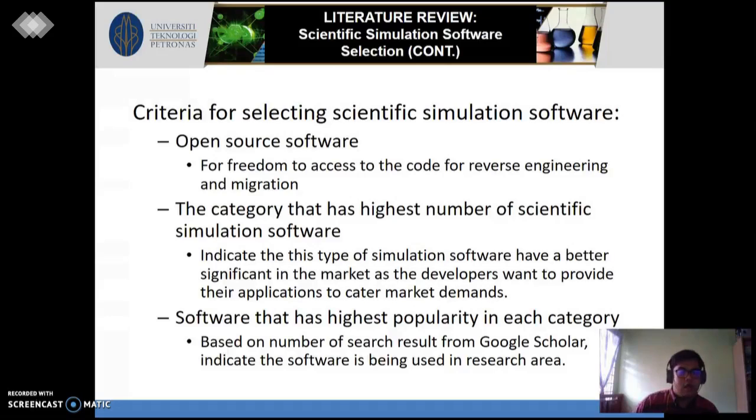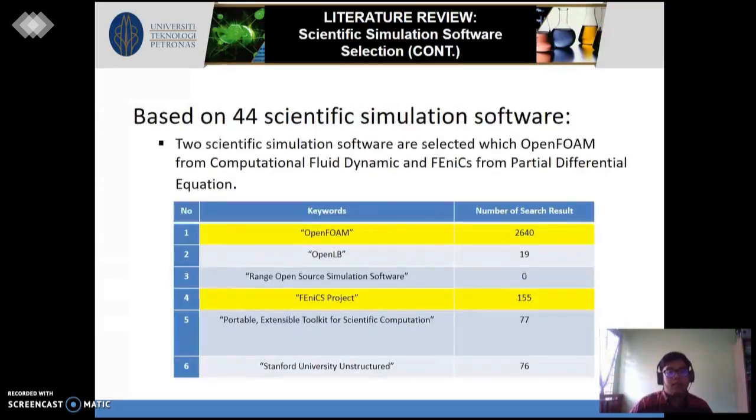Lastly, software that has the highest popularity in each category. This is based on the search result from Google Scholar, and indicates the software is being used in the research area. So based on 44 scientific simulation software, 2 scientific simulation software are selected, which are Perform from computational fluid dynamics and Phoenix from partial differential equation.